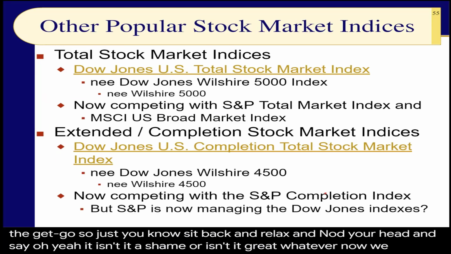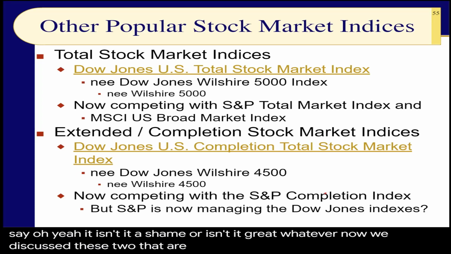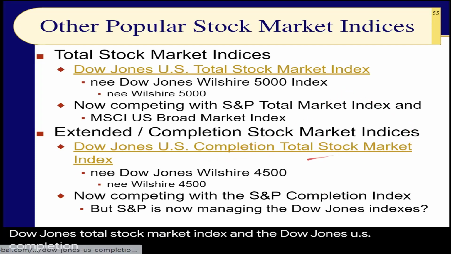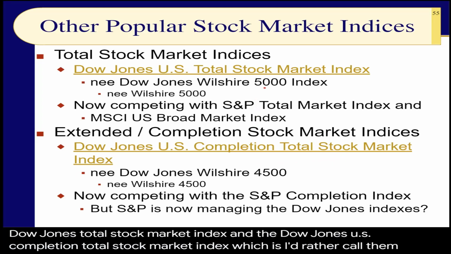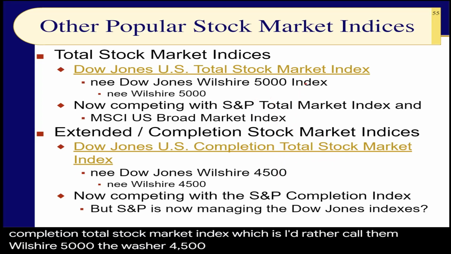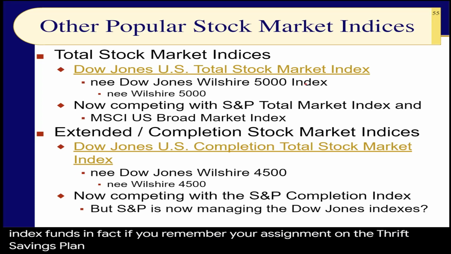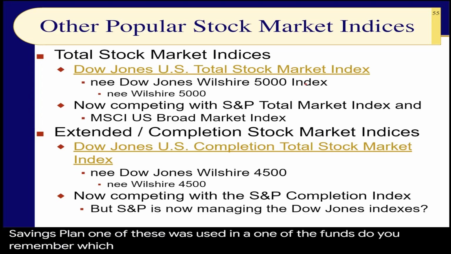Now, we discussed these two that are important, and we know why now. The Dow Jones Total Stock Market Index and the Dow Jones U.S. Completion Total Stock Market Index, which I'd rather call the Wilshire 5000 and the Wilshire 4500, because they're very popular with index funds. In fact, if you remember your assignment on the Thrift Savings Plan, one of these was used in one of the funds. Do you remember which one?